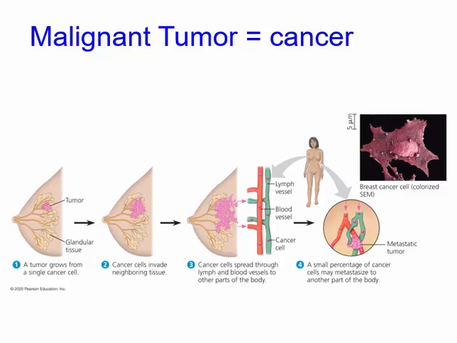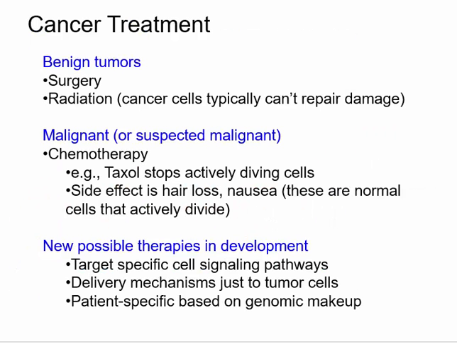Not great. All right, so probably some of you have had direct experience with a family member who has had cancer, or have personally experienced this. Those benign tumors are much easier to deal with. That doesn't mean it's a piece of cake, but they can be removed surgically.